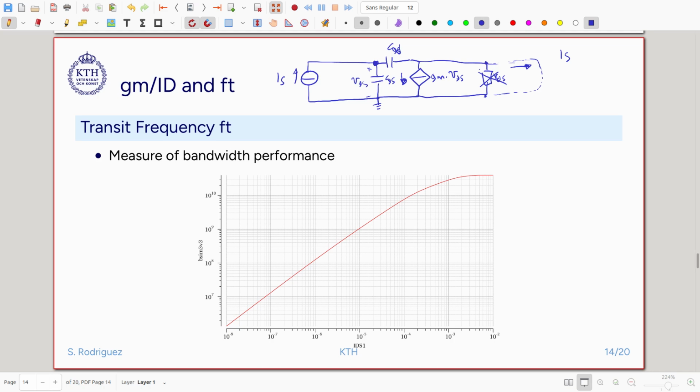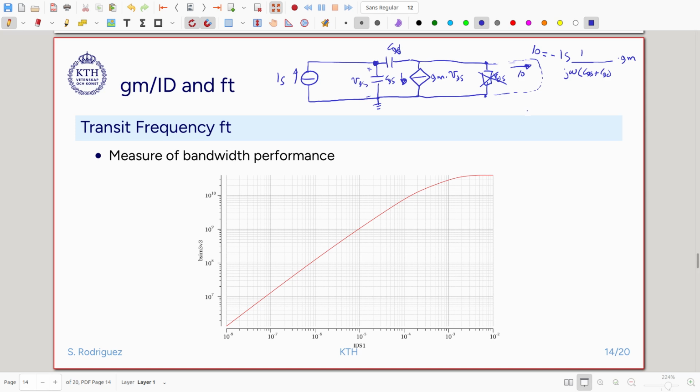The voltage here is 0, so we have CGS in parallel to CGD. So IS is multiplied by all the capacitance that we see at that node, CGS plus CGD, and then we have this voltage. This is the voltage VGS. VGS times gm is all the current that is flowing here, and it is all the current that is going to flow through this short circuit, but with a different sign. So this will be IO. IO is going to be equal to minus this.